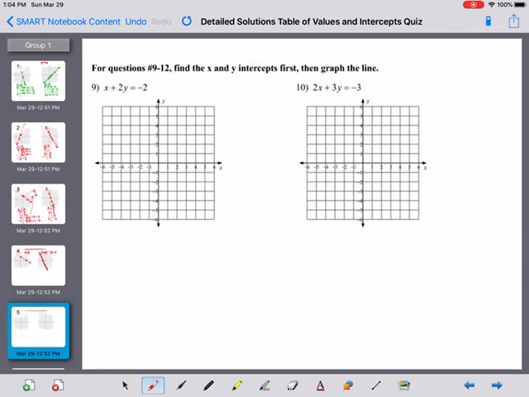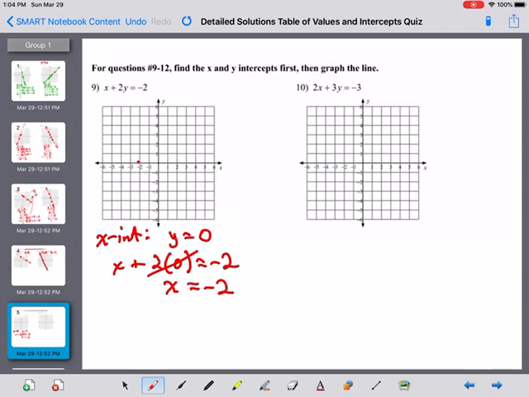Now, for 9 through 12, we had to find the intercepts first. So remember, to get an x-intercept, you let y equal 0. So x plus 2 times 0 equals negative 2. 2 times 0 is 0, of course, so that's x equals negative 2. That cancels.